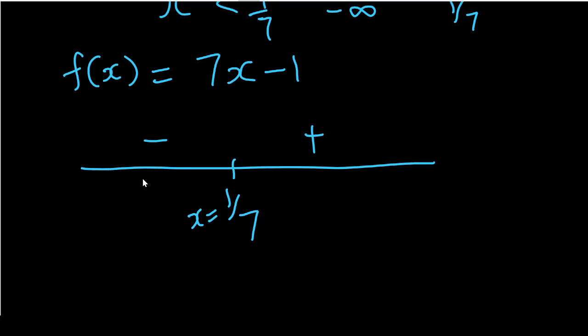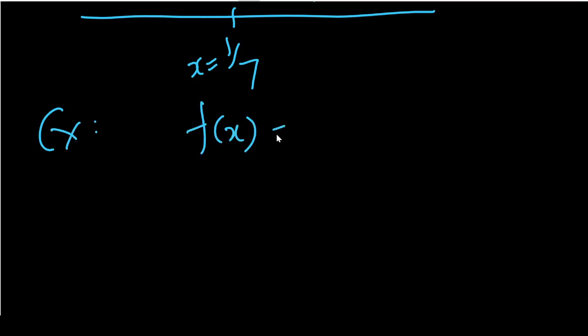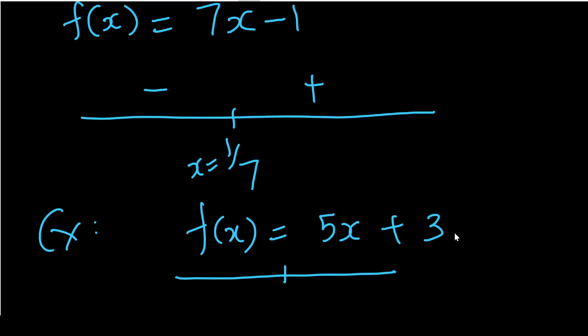Similarly, if we take another example like f(x) equals 5x plus 3. I am taking examples in the beginning where the coefficient of x is positive. Using the same discussion that we did for 7x minus 1, for 5x plus 3 as well I will plot the point at which f(x) becomes 0, because f(1 by 7) is 0.